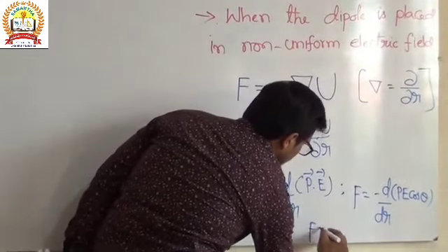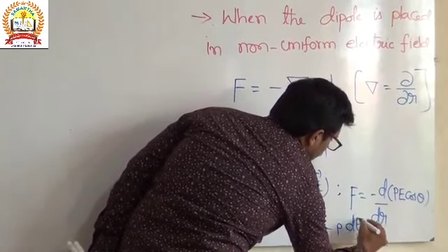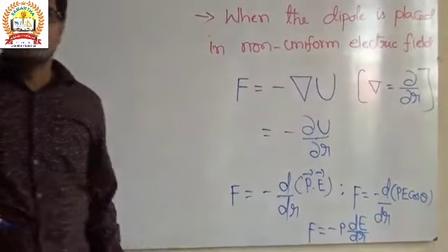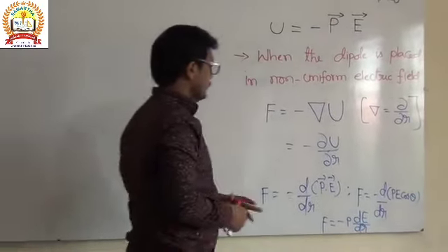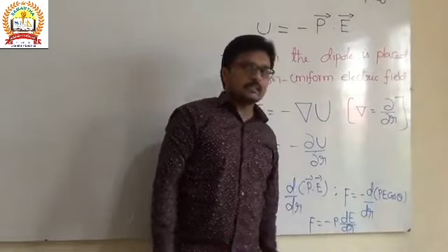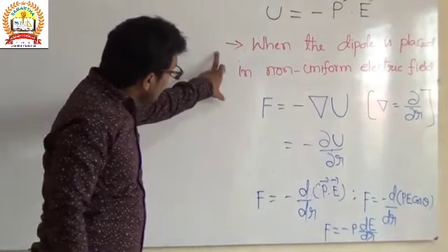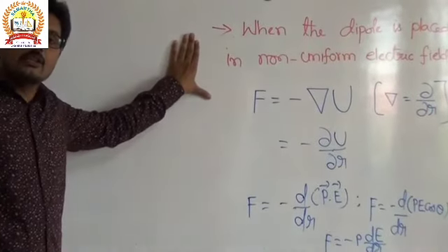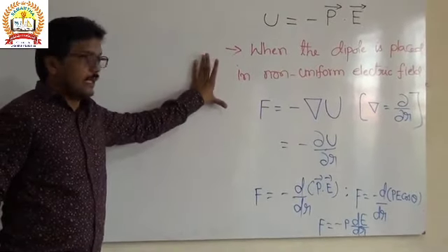There the theta value is 0, so cos 0 will be 1, and the force is F equals minus P into d by dr of E. So these are the important points regarding the potential energy of a dipole when it is placed in a non-uniform electric field.